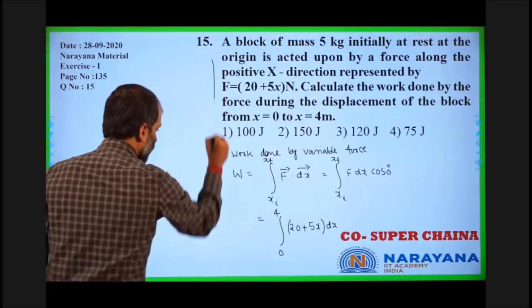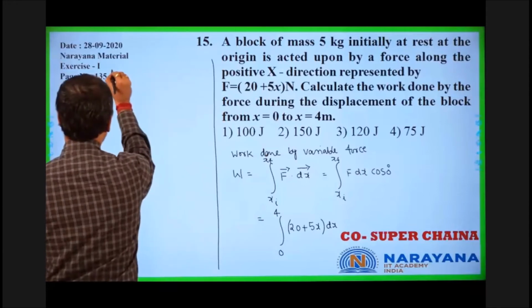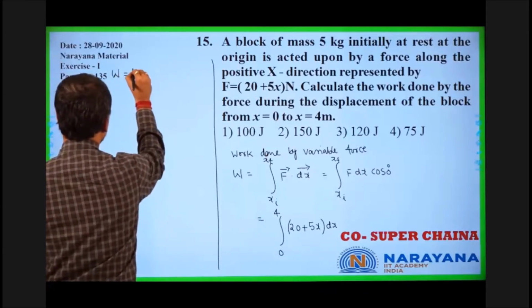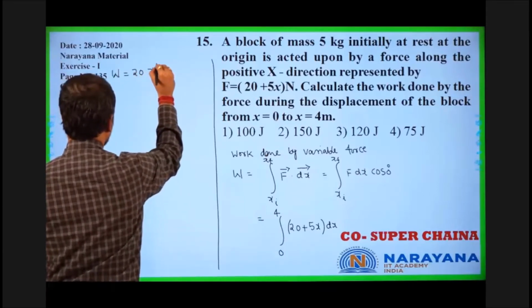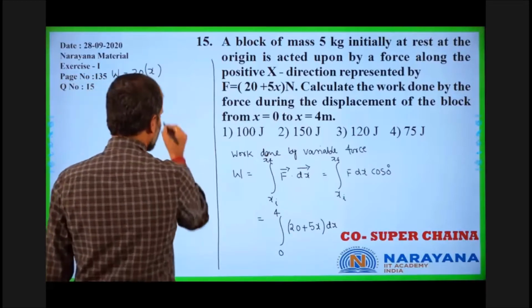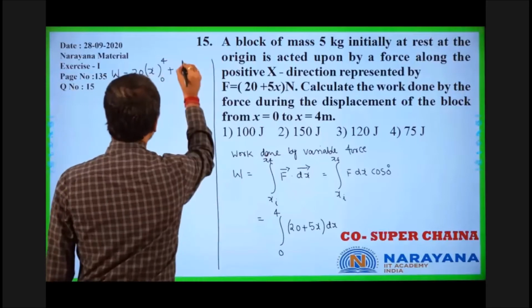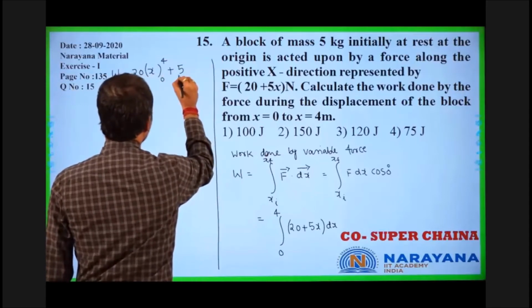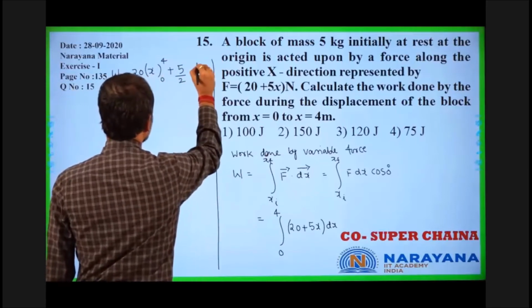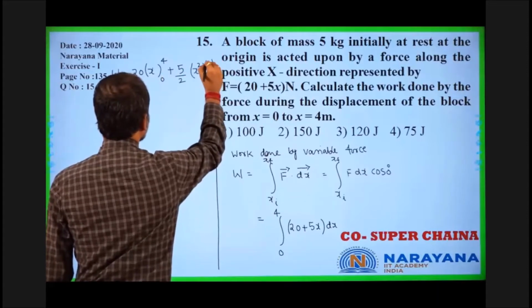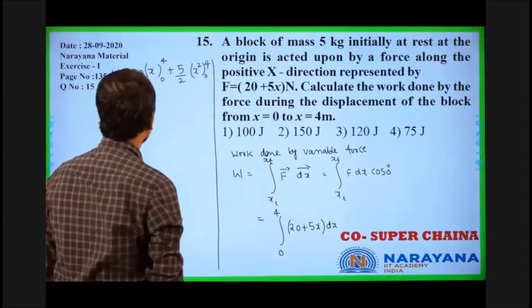So now our work done is equal to 20x between the limits 0 to 4, plus 5 into x square by 2 between the limits 0 to 4.